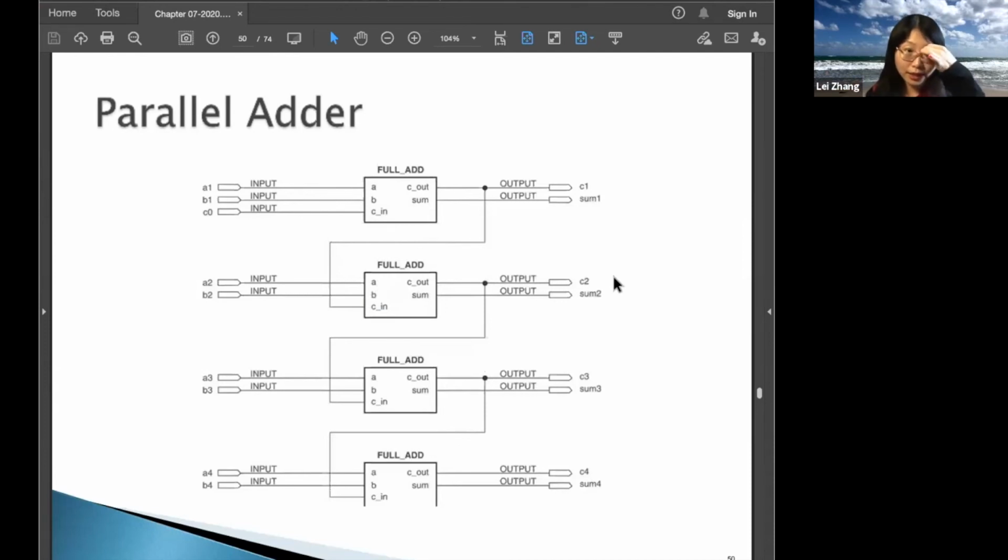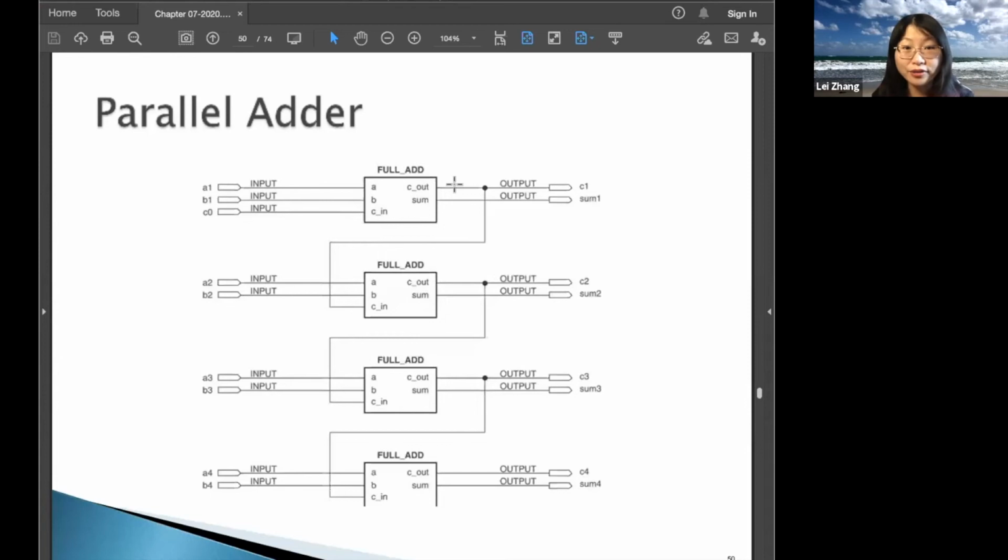So if I ask you to connect it the other way around, you can't see this. So for example, this one, the carry out bit will be connected to the carry in bit here, and then this carry out bit will be the final carry out bit.